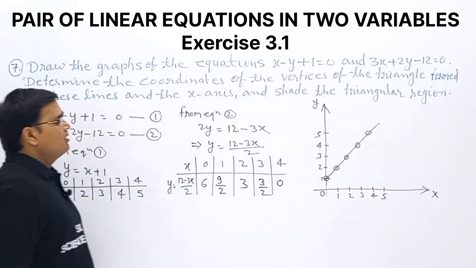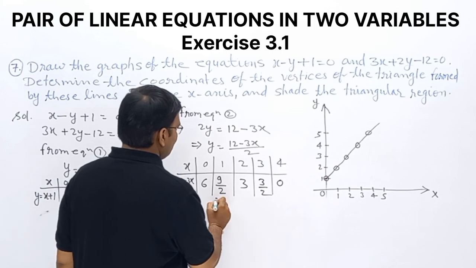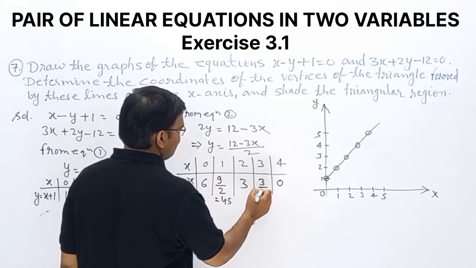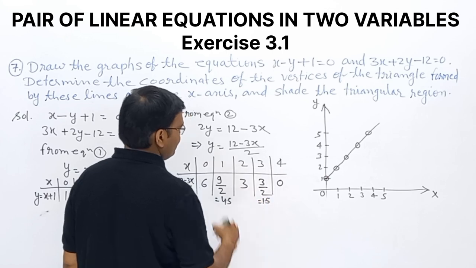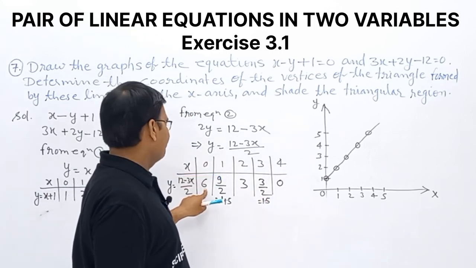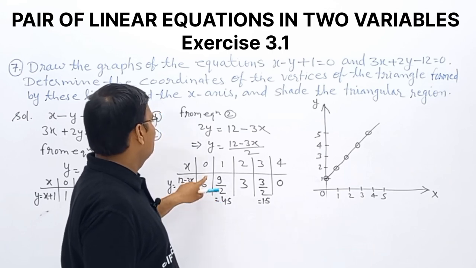Now draw these points. 9 by 2 is 4.5, and 3 by 2 is 1.5. First, 0, 6. For the second linear equation in two variables, how will we draw 0, 6?